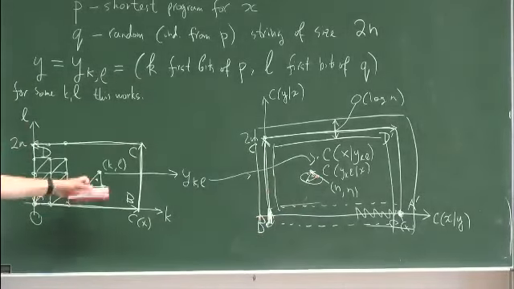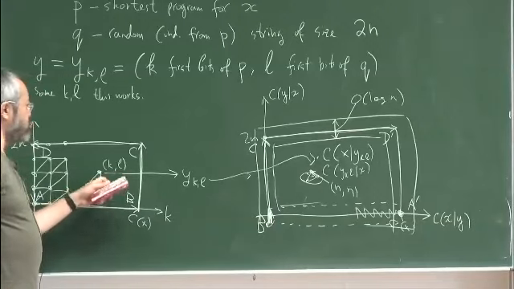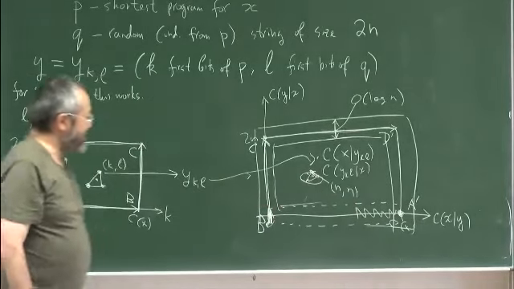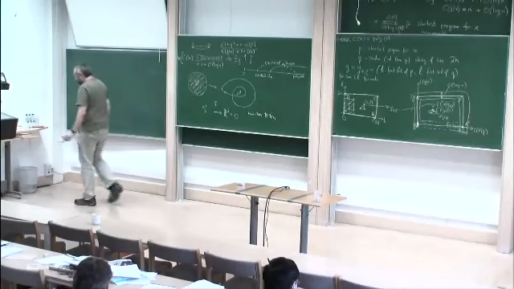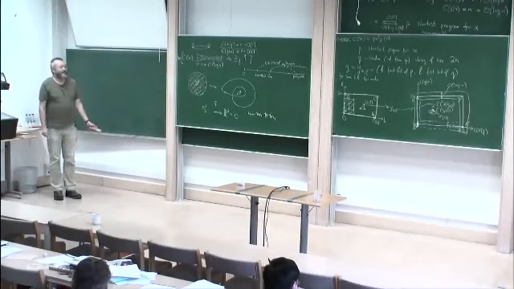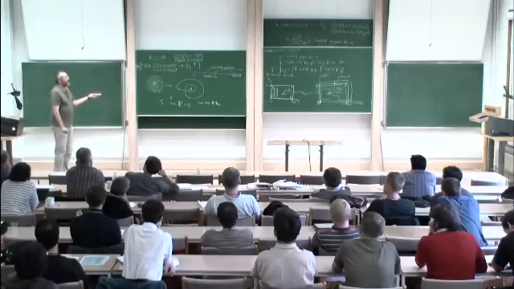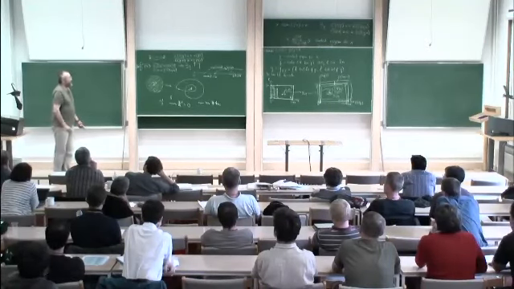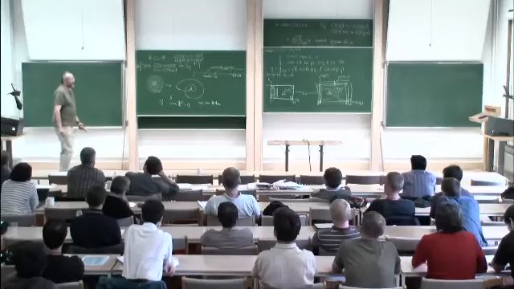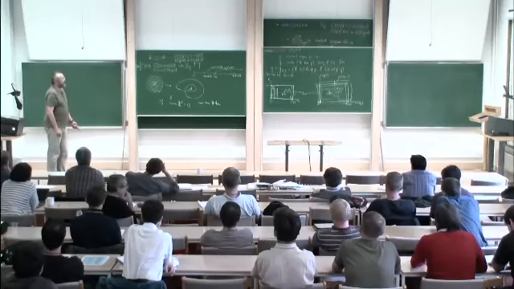So all these points should be close to n. So this is the end of the proof, and I hope you agree that nothing really happens here. It's just kind of a mystical, trivial continuity thing.